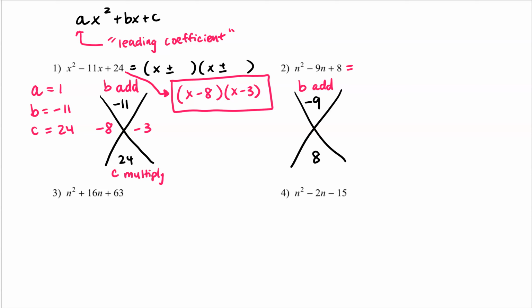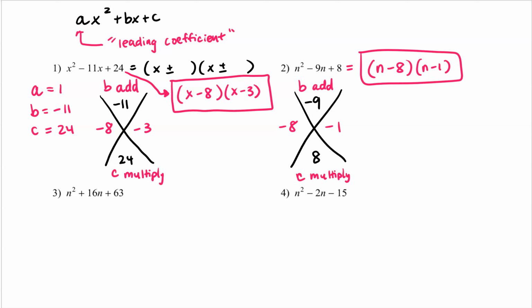So I want to find two numbers that add to b and multiply to c. And the two numbers that do that for us are minus 8 and minus 1, because negative 8 plus negative 1 gives me negative 9, and negative 8 times negative 1 gives me positive 8. That tells me that this is going to factor into n minus 8 times n minus 1.